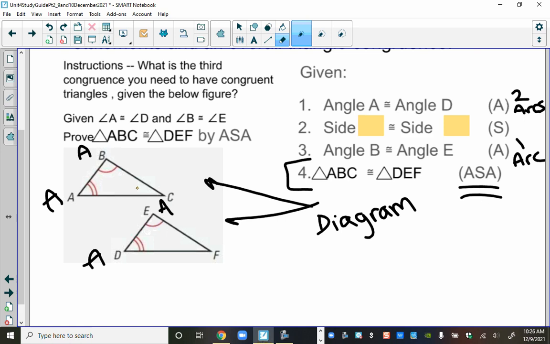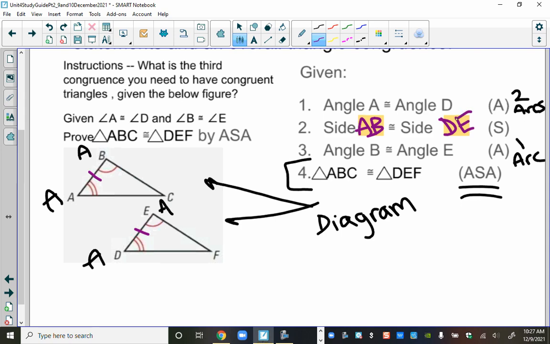A and B. That's what we want in the end. We want AB and DE. They have to match up.